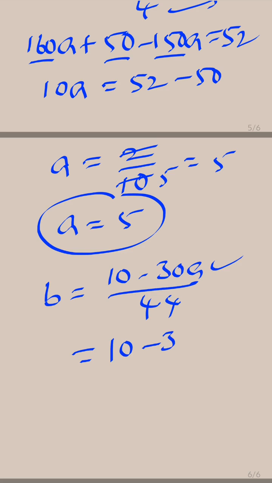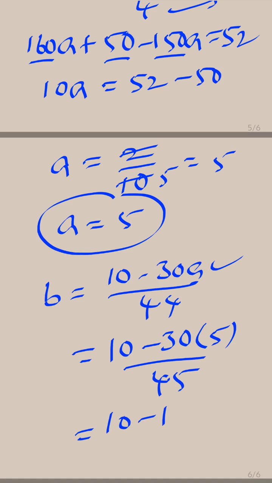So 10 minus 30 into 5 divided by 44, that is equal to 10 minus 5 3s are 15, 150 by 45. Sorry, here small mistake, this is not 5, it is 1 by 5. Yes, this a value is 1 by 5.